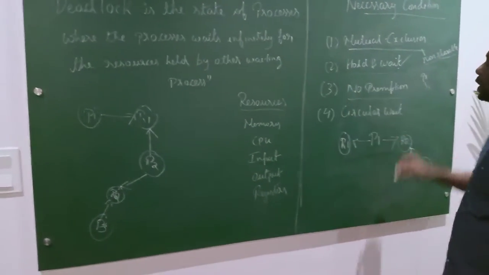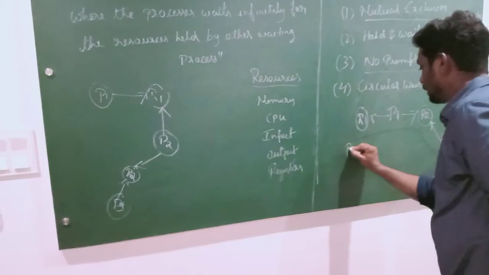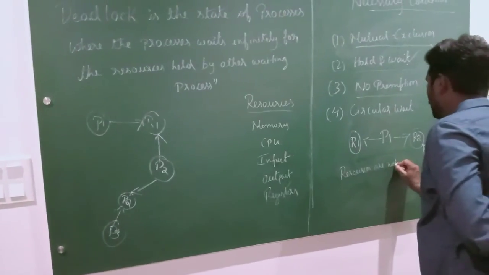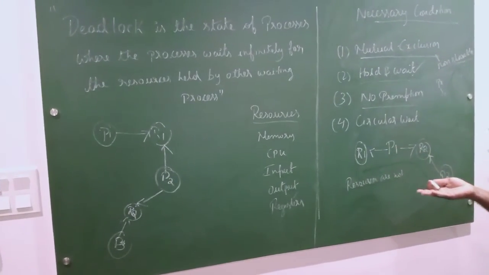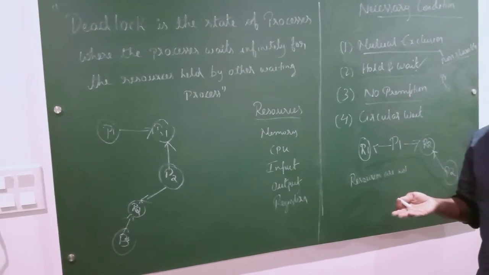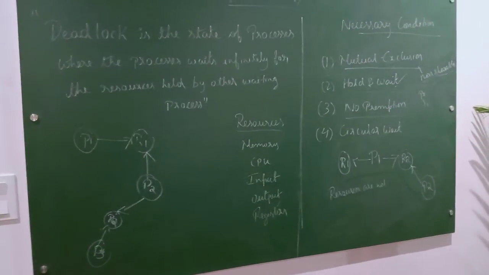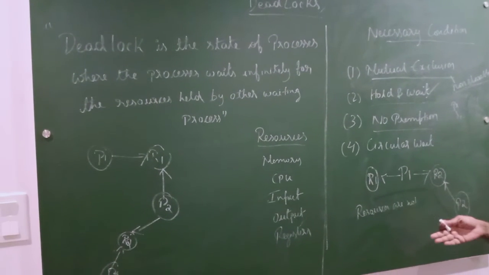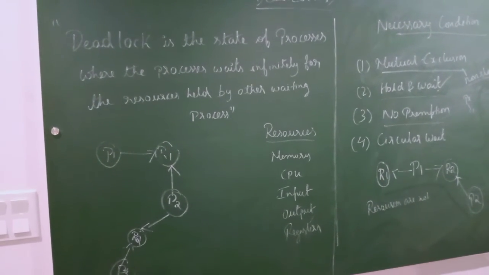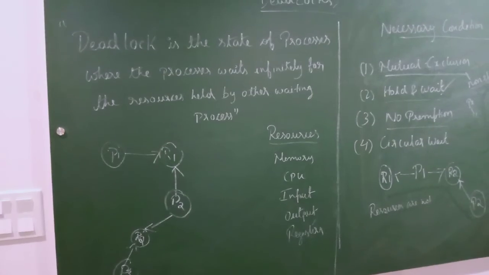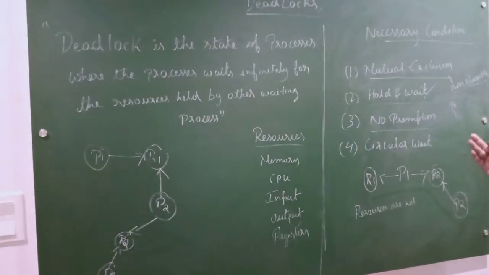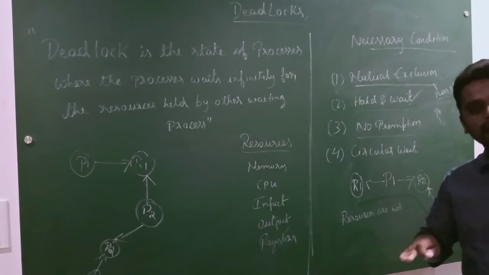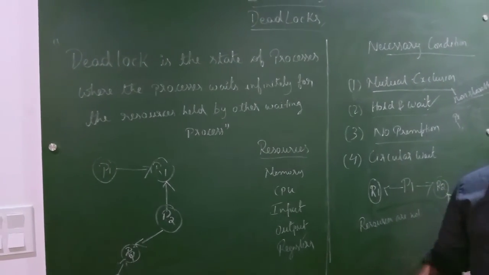And the next one is no preemption. They said that resources are not preempted. Normally, a resource cannot be preempted. So resources can only be released voluntarily, when the process finishes its task. Whenever it completes the task, it has to voluntarily release the resources.